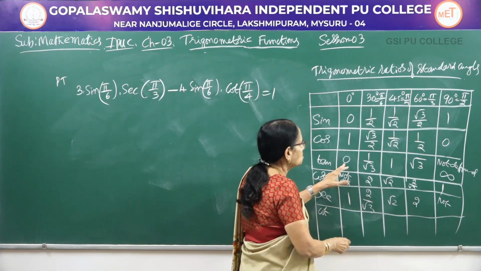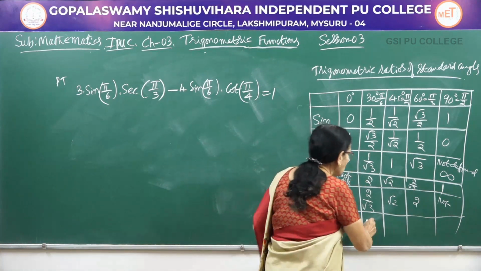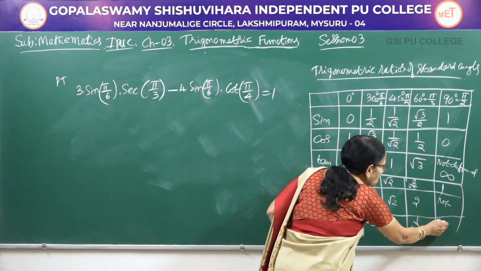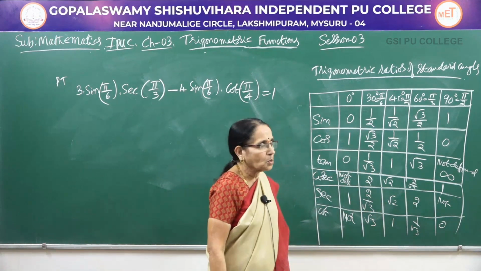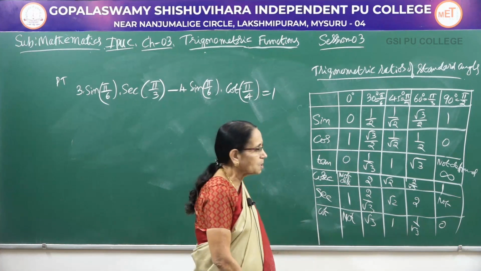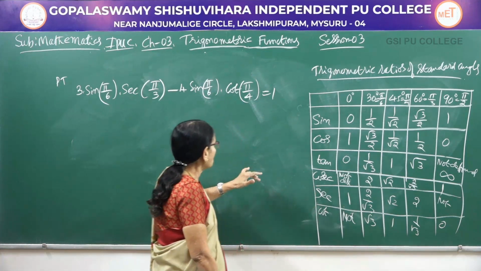Cot 0 is 1 by 0, again not defined, and then this is root 3, this is 1, this is 1 by root 3, and here it becomes 0, since 0 by 1 is 0. This is how we write the values here. Usually we write only the first 3, and this will not be written.